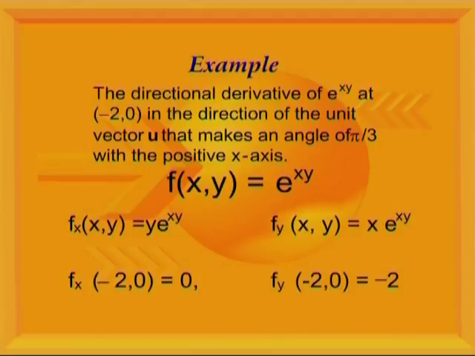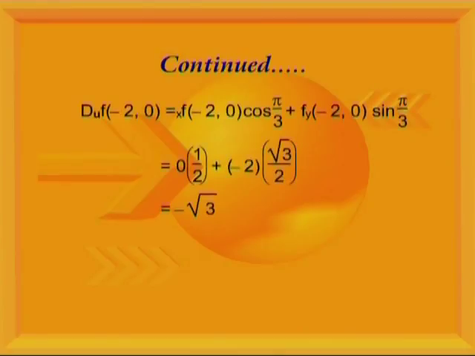We know cosine of pi by 3 is 1 by 2 and sine of pi by 3 is square root 3 divided by 2. So the directional derivative of the function at the point (-2, 0) in the direction of the unit vector u is equal to 0 into 1 by 2 plus -2 into square root 3 by 2, which is ultimately equal to minus square root of 3.